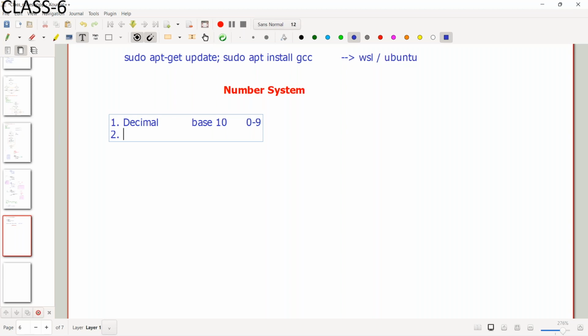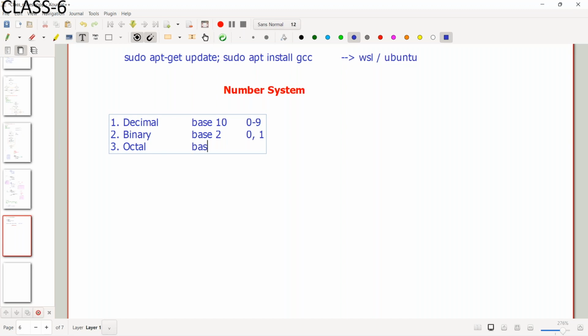Then the second one is binary, where the base is 2, which means we use 0 or 1 to represent any binary value. The third one is octal.